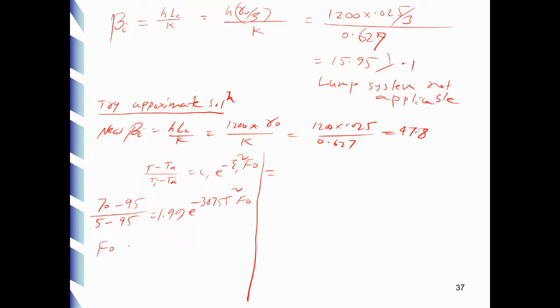So from here you can calculate the F0. Can you calculate? I got here 0.209, which is greater than 0.2, so it is satisfied, right?